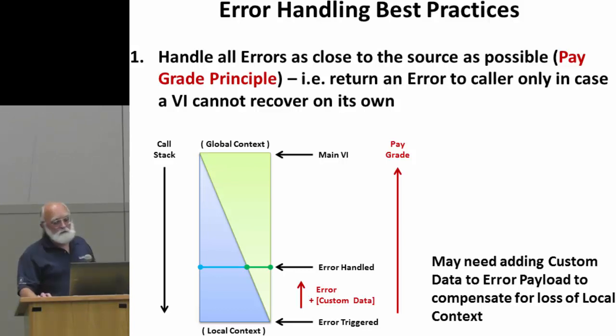And in order to do this, sometimes you need to add custom data from the trigger point so that the handler can get information. This is motivation for actually introducing custom error objects. This is the main motivation. So this is the pay grade that goes up and down, like in our career path.